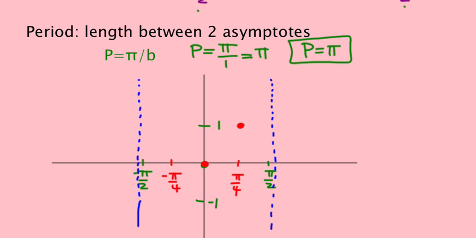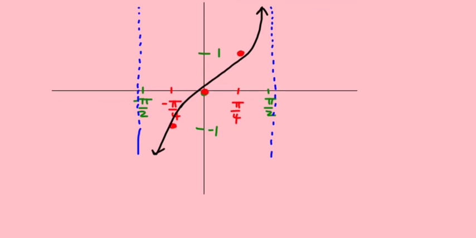When my tangent is at negative pi over 4, I get negative 1. So what I'm getting at is I'm going to start getting these points that look like this. A nice pretty snake. Looks like a cubic. That's one revolution. This period from here to here, the distance is pi.